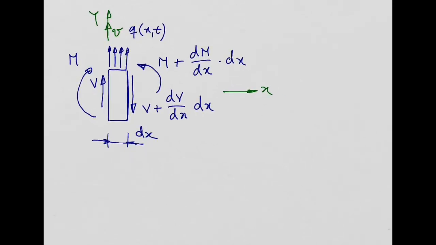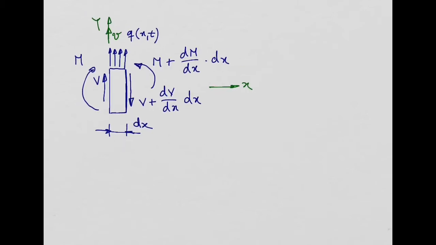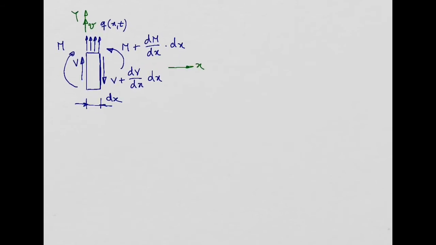All right, so what we are going to do now is, first let me try to make this a bit smaller. I'm struggling here with space. What I'm going to do now is to apply Newton's second law. I'm going to say the summation of forces in the y direction of my beam, in the vertical direction, needs to be equal to the mass times acceleration.